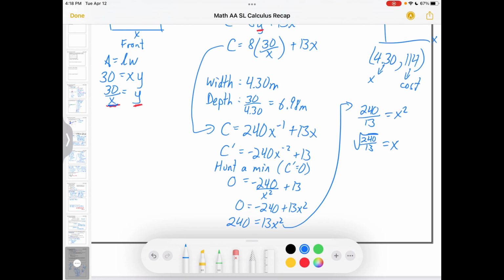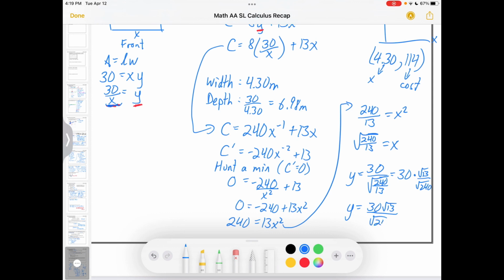Okay. And then if we wanted the y value, well, it would once again come from this 30 divided by root 240 over root 13. So if we want to get that in a nicer form, if we're dividing fractions, we just flip and multiply. And so I can get root 13 over root 240. Because the IB is not going to want us to have nested fractions or stacked fractions as our final answer.